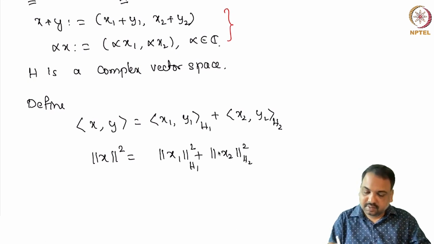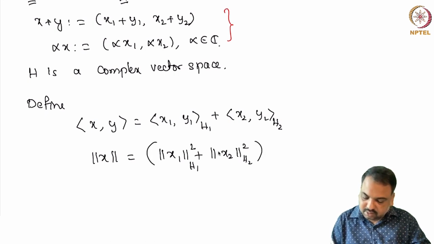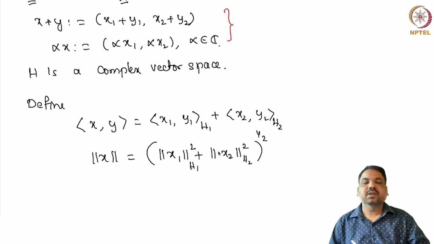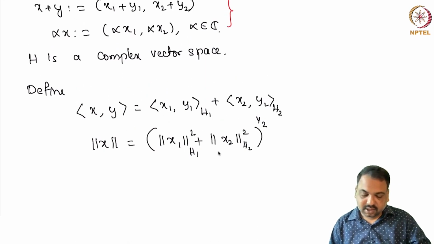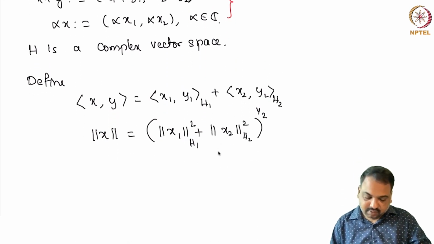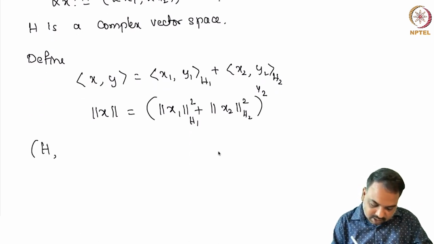And if you want to take the norm, this is similar to the Euclidean norm on R2 or C2. So this is a generalization of C direct sum C. Now with respect to this inner product, we can check that H is an inner product space.